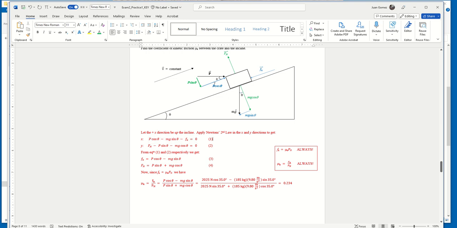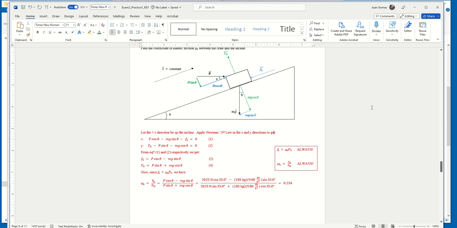Again, P cosine theta is positive because it's up the incline. mg sine theta and Fk are negative because they're directed down the incline, and the sum of those three forces has to equal 0 because the speed of the crate is constant.